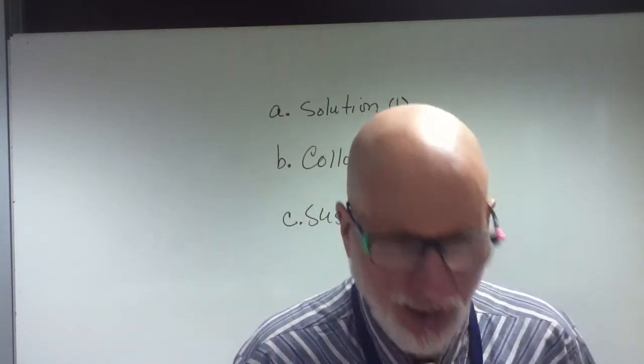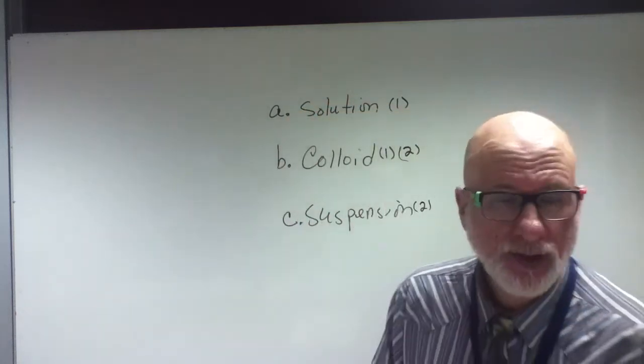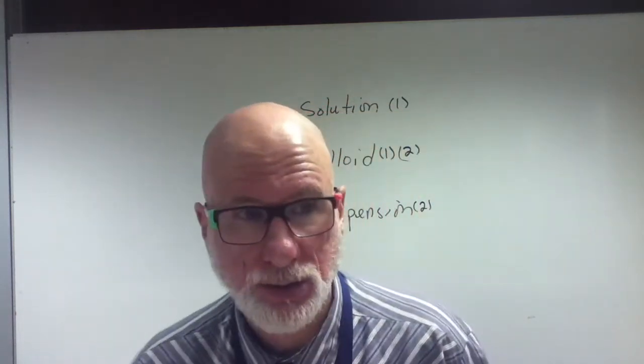Okay, what about particle size less than 1 nanometer? What's a nanometer? 10 to the negative 9, right? So a billionth. So how many nanometers are there in a meter?